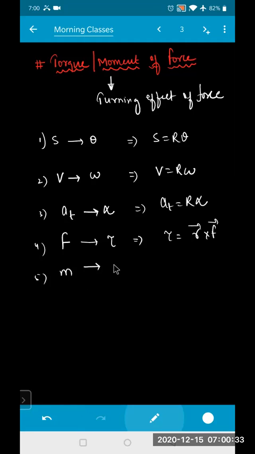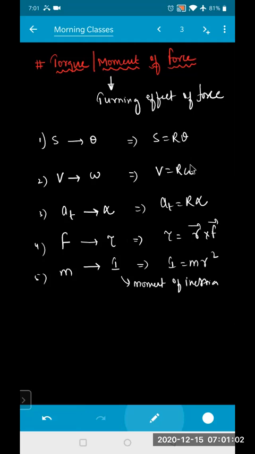In rotational mechanics, the mass is represented by I, known as moment of inertia, and I is equal to m into r square. Whatever role is played by mass in Newton's laws of motion, the same role is played here by moment of inertia, capital I. Whatever role is played by force in Newton's laws of motion, the same role is played by torque in rotational mechanics.